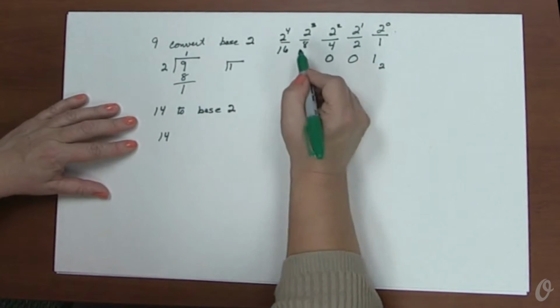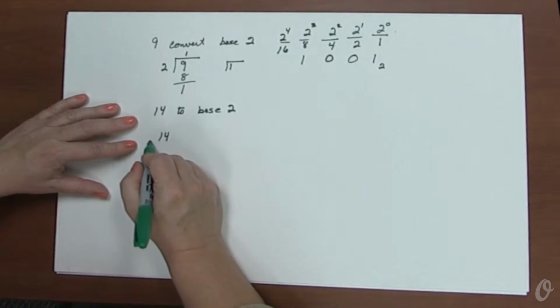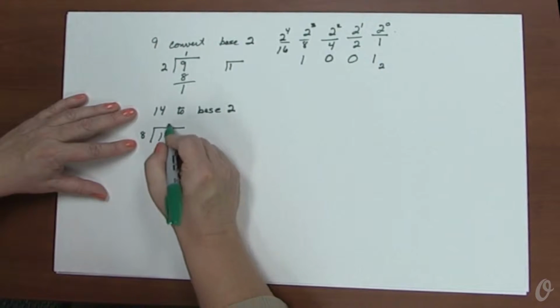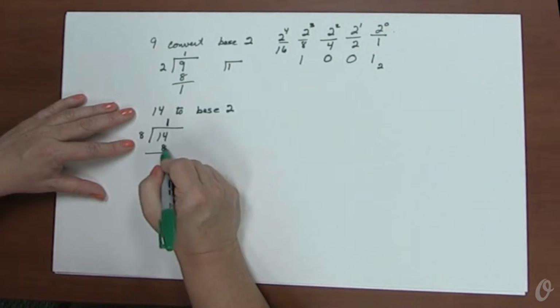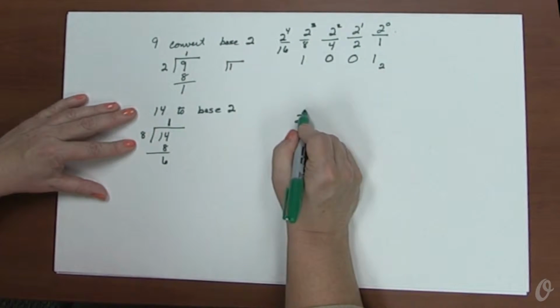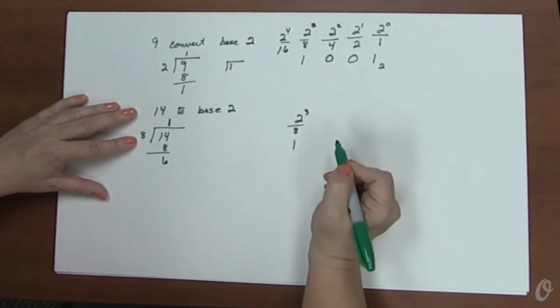So I'm going to need to start with how many groups of 8 I can take out. So 14 divided by 8 is going to be 1 time. 14 minus 8 is 6. So in groups of 2 cubed, or 8, I have 1 of them.